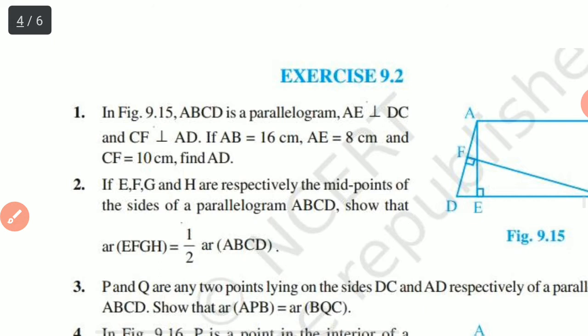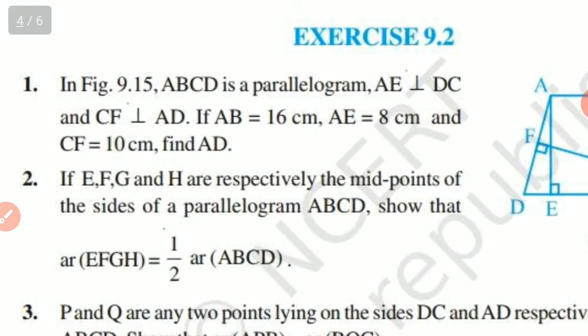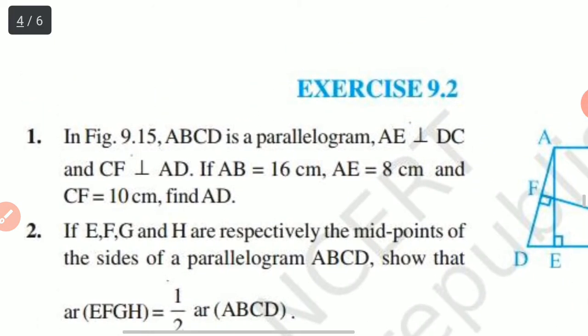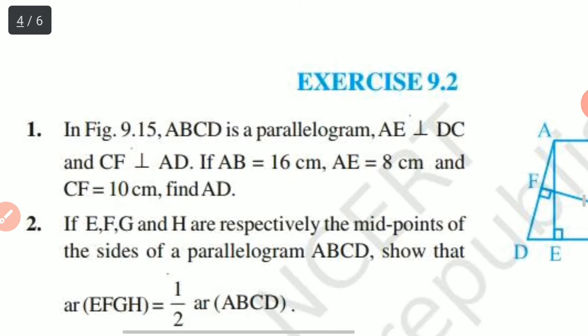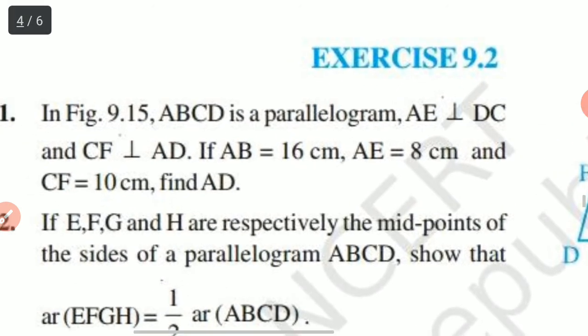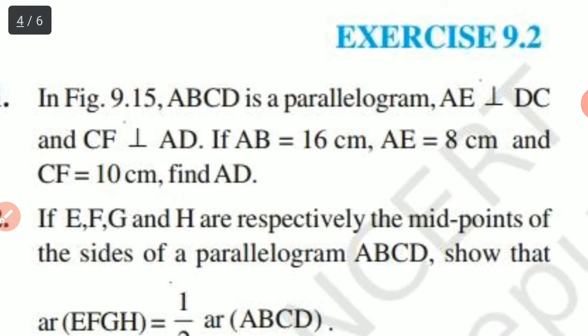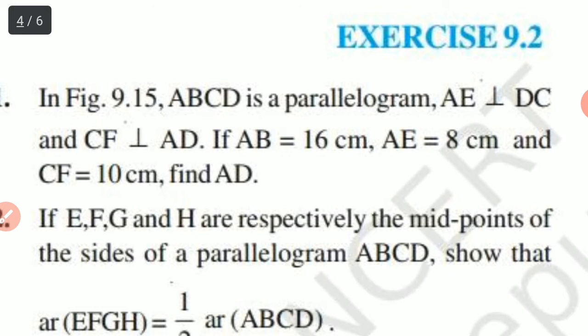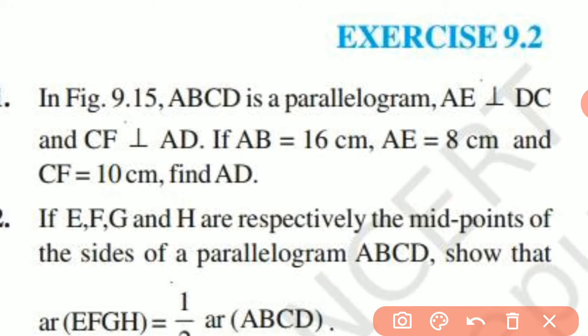Second question is here. This is the second question. Given that E, F, G, H are respectively the midpoints of the sides of parallelogram ABCD, so that area of EFGH is half of the area of ABCD.